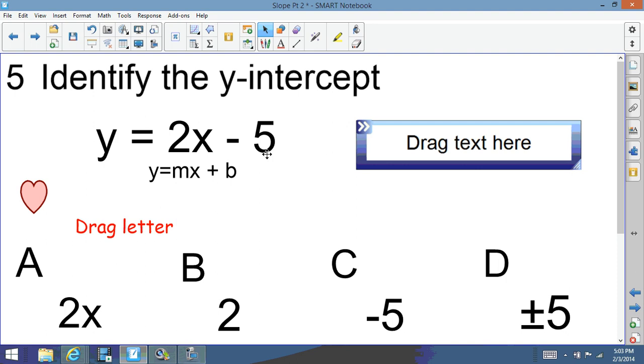So our b would be minus 5. So it'd be plus minus 5, or just negative 5. Now notice our choices would be plus or minus 5, but remember this is plus minus 5, which is really negative 5. So we only can have one sign. We don't need both signs. So it's a negative number. So if you said C, negative 5, you are correct.